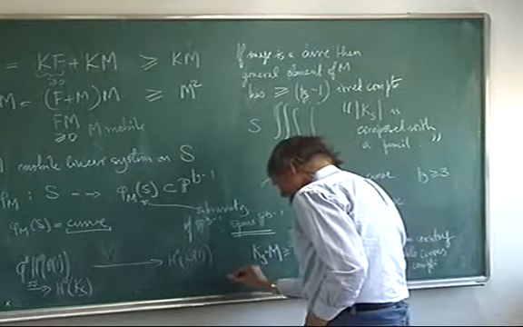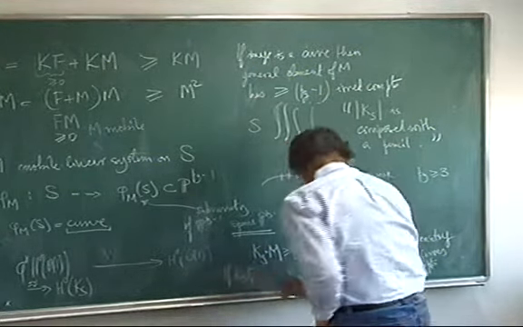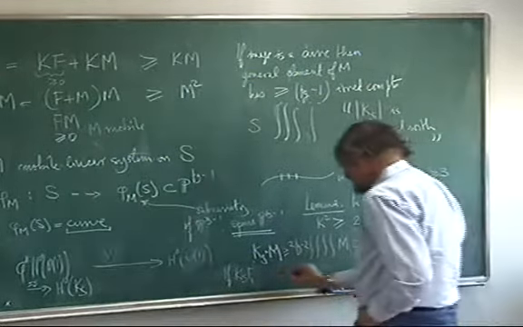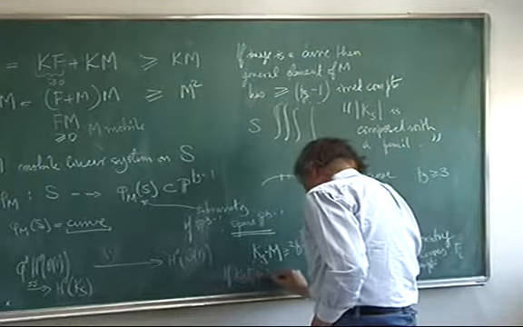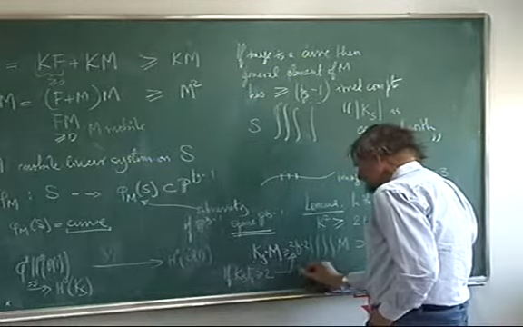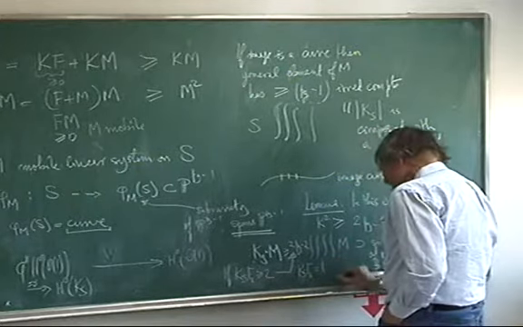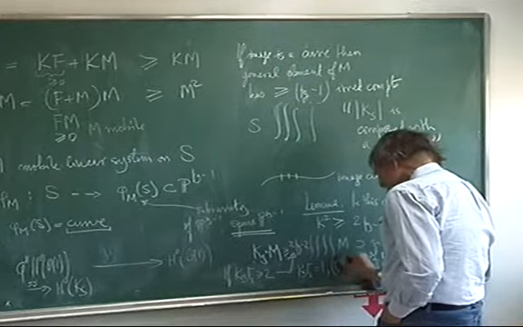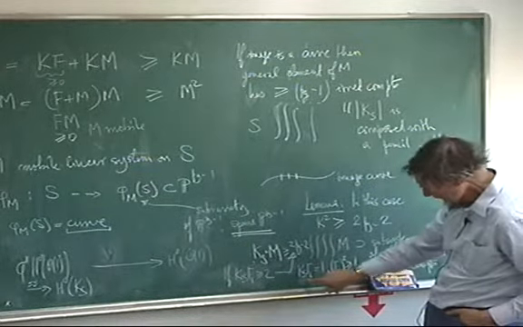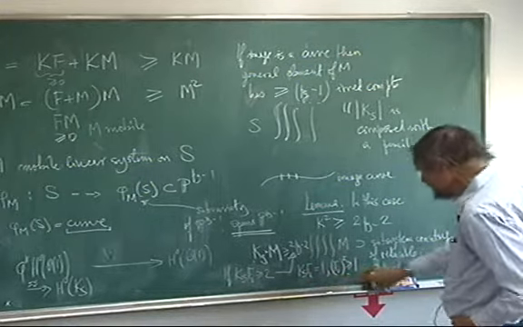So let me say gamma_i. If K_S times gamma_i is greater than or equal to 2, then we get this. But if K_S times gamma_i is equal to 1, then gamma_i squared is greater than or equal to 1, just because it's odd. Remember, K_S times gamma_i and gamma_i squared are congruent modulo 2.